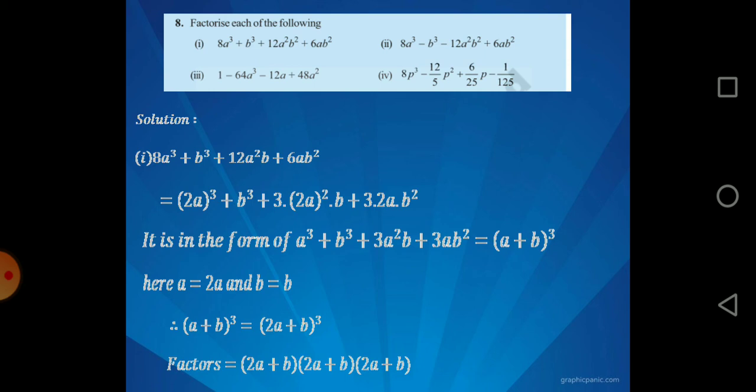Children, as soon as you see a factorization question, you have to observe the question carefully, whether there are 2 perfect square terms or 2 perfect cube terms. Here, by observation, we can understand that 8a cube is a perfect cube term and b cube is also a perfect cube term. So I am able to identify the 2 terms, 2a cube and b cube.